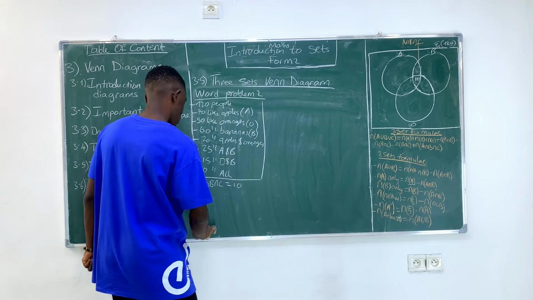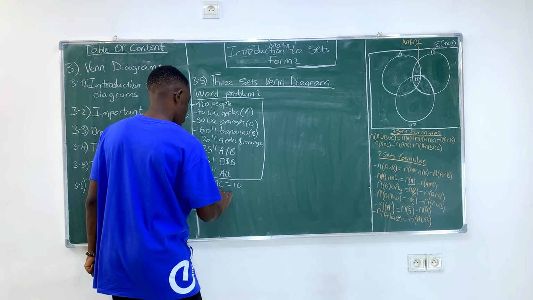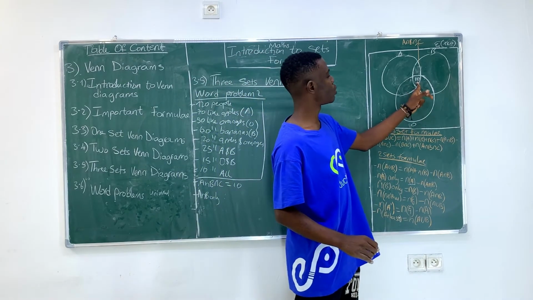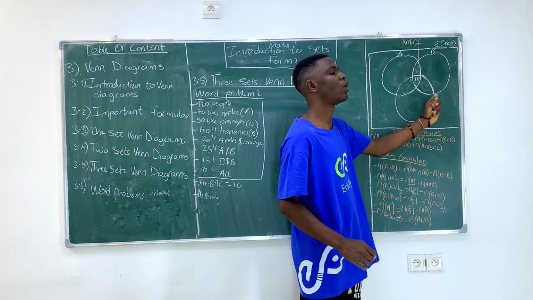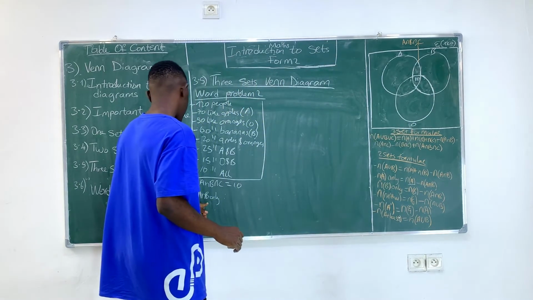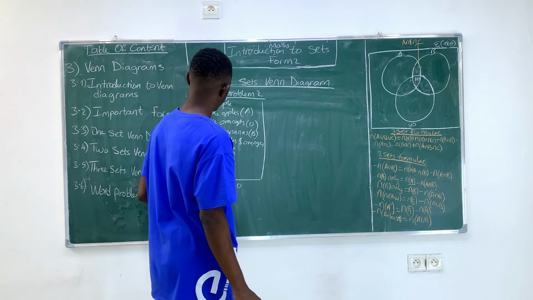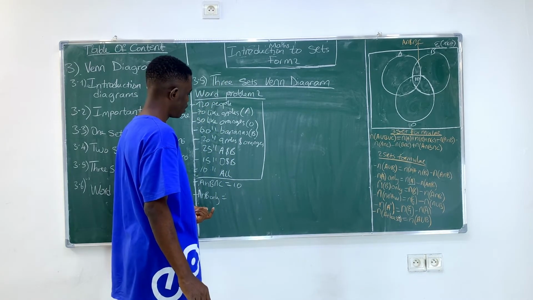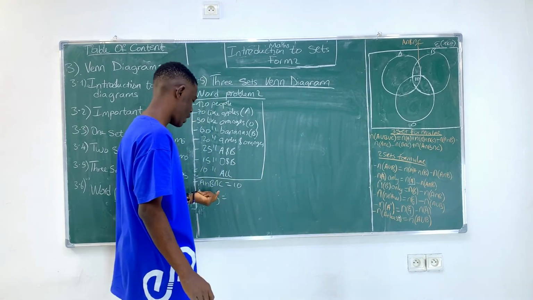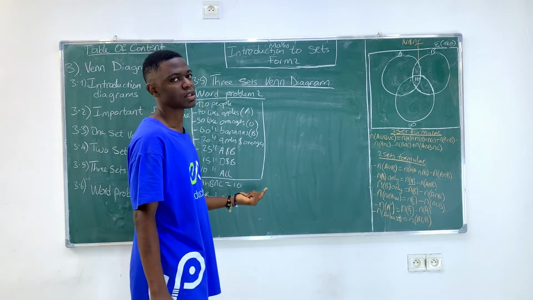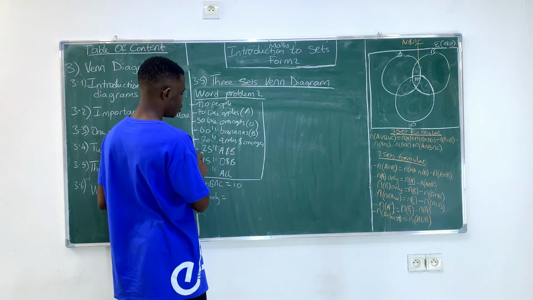Now, what is A intersection B only? When it is intersection, what I have to look for first is these intersections here before looking for the others. So A intersection B only is equal to A intersection B minus A intersection B intersection O. What is A intersection B? 25.